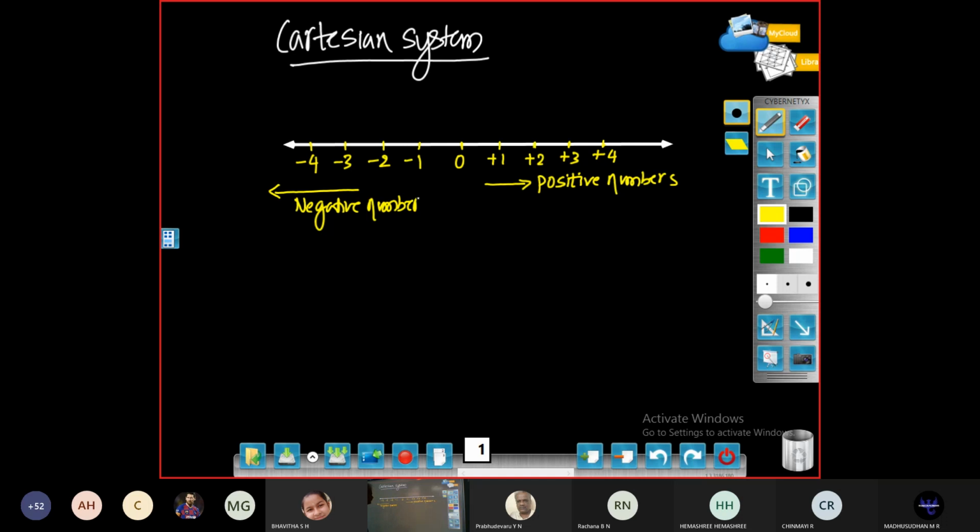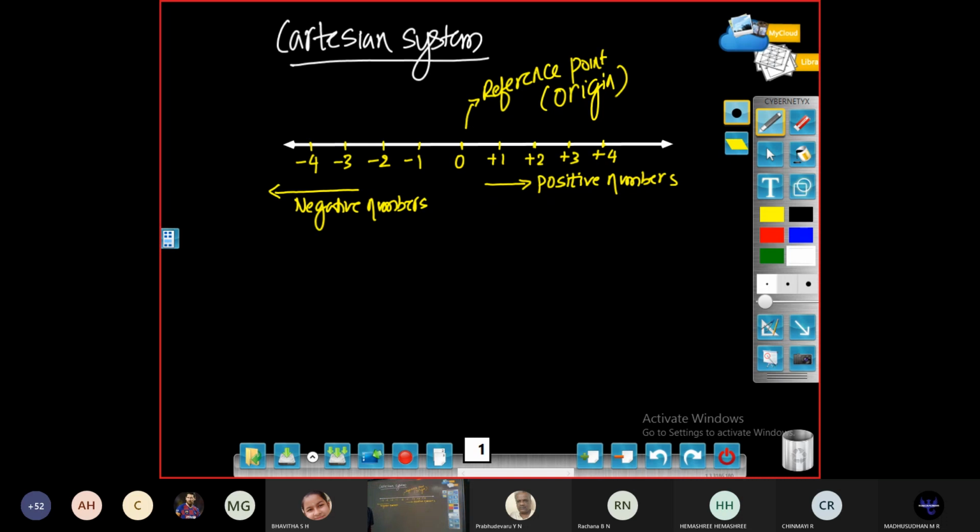And 0 is the reference point we take to locate a point. From this 0 only we are going to measure the distance of the point. And this point is called the origin. The name we give this one is origin.